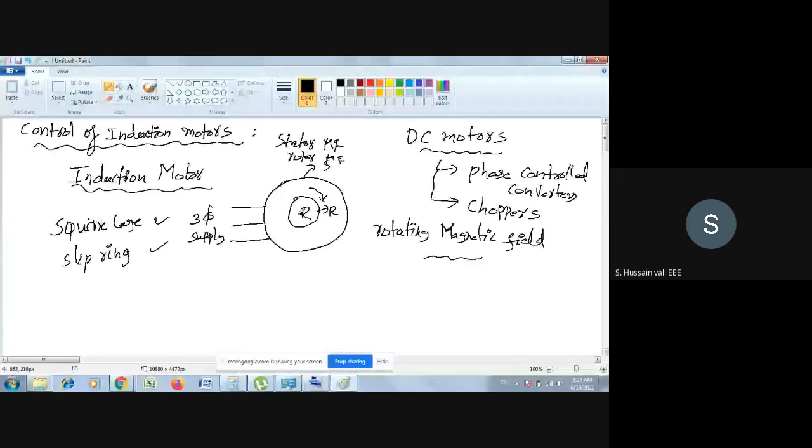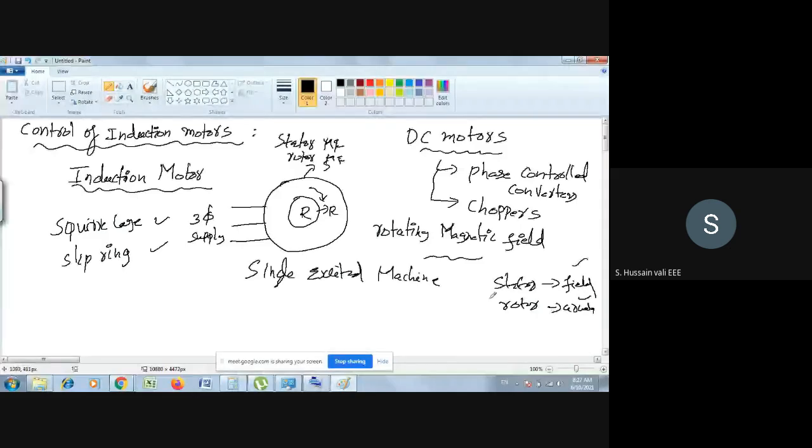One more thing you should know about your induction motor is that it is a single excited machine. Unlike your DC motors, where the stator has the field and the rotor has the armature, so you have to give supply to both the field and the armature, both the stator and the rotor.